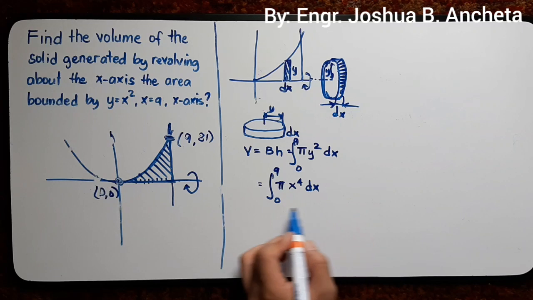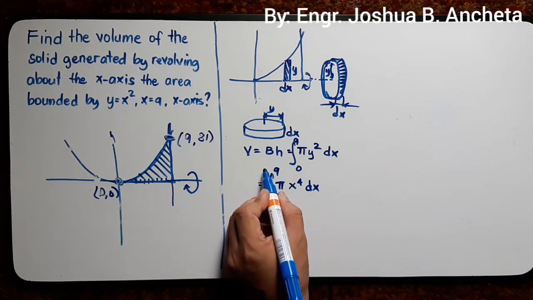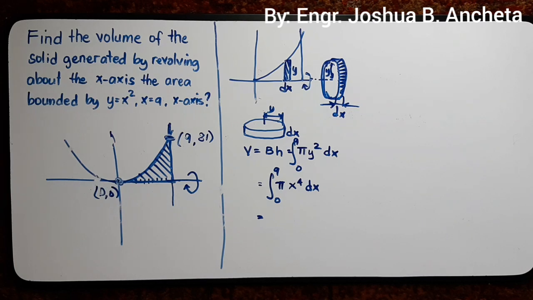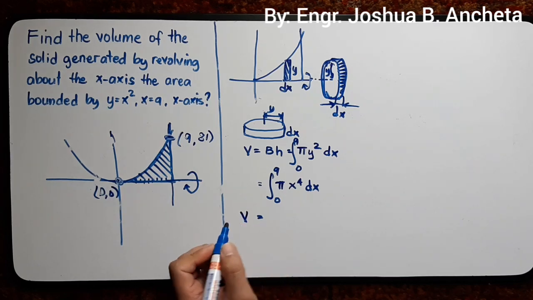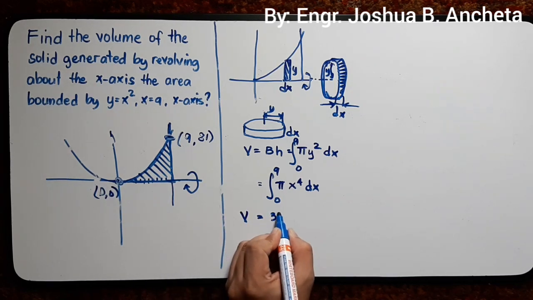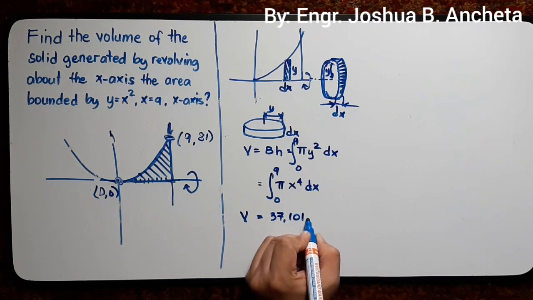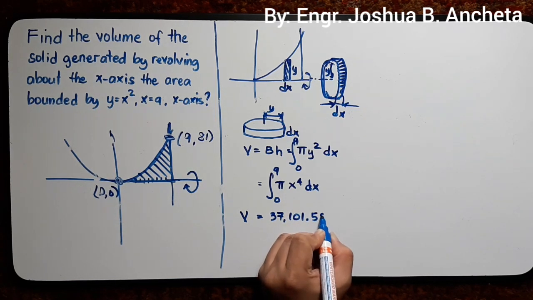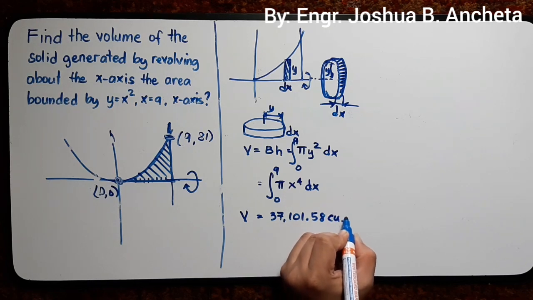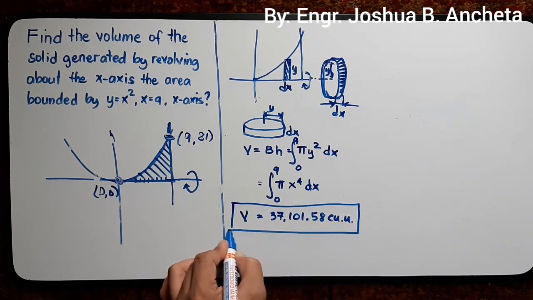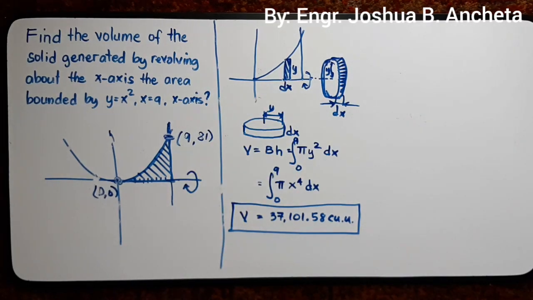Use your calculator to solve this. The answer is 37,101.58 cubic units. This is the volume using vertical strip.